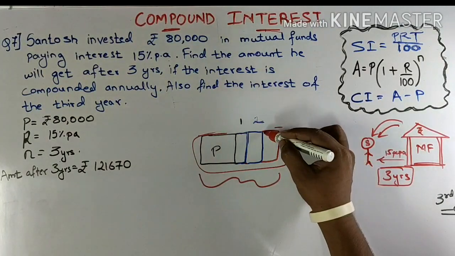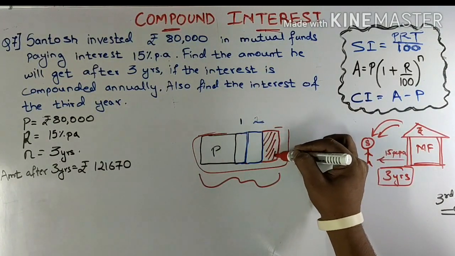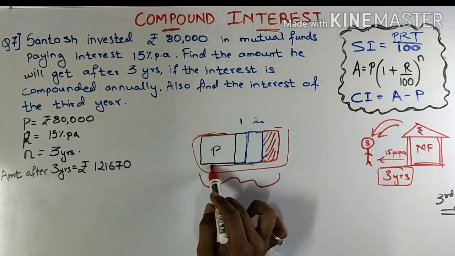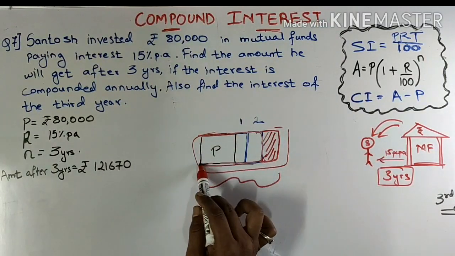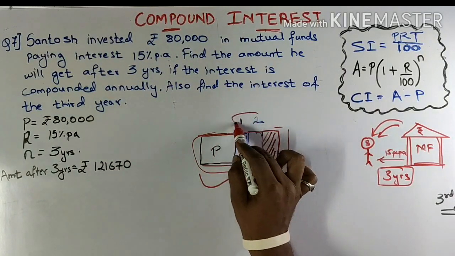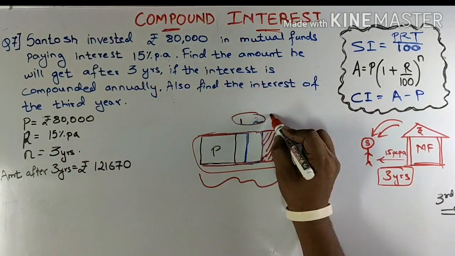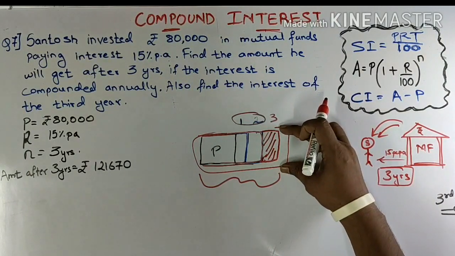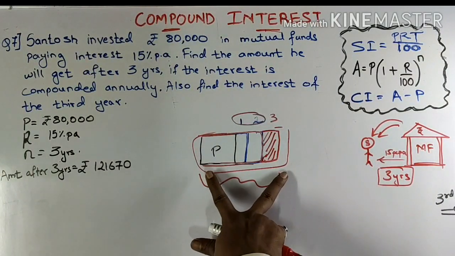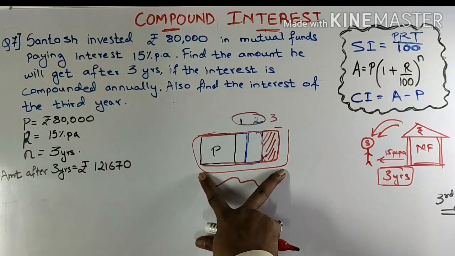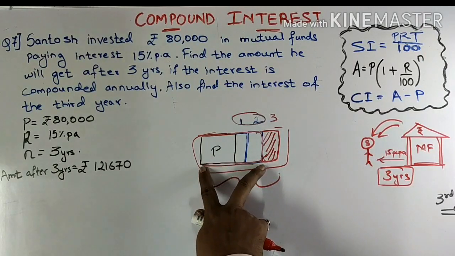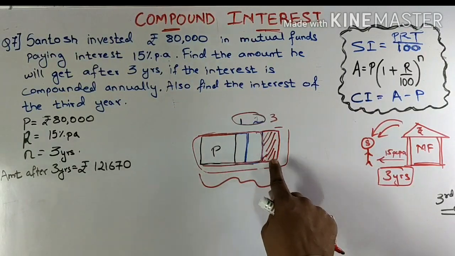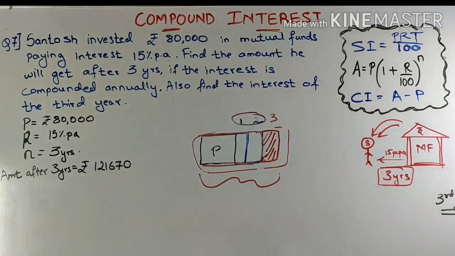So the interest in the third year is the total amount minus the amount of the first 2 years. So if I want to find the interest of the third year, the total amount minus the amount at the end of 2 years will give me the third year's interest.